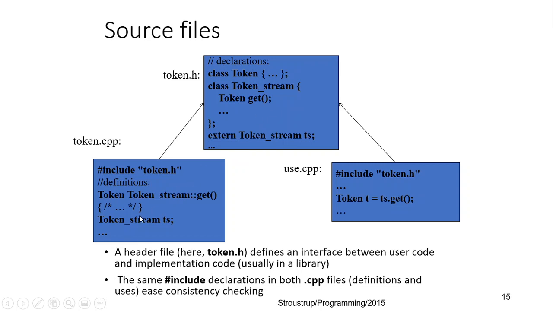In order to implement, to define these functions, we create a source file token.c++. Token.c++ imports these declarations using the statement hash include token.h, and then it provides definitions for all the functions declared in this header file.